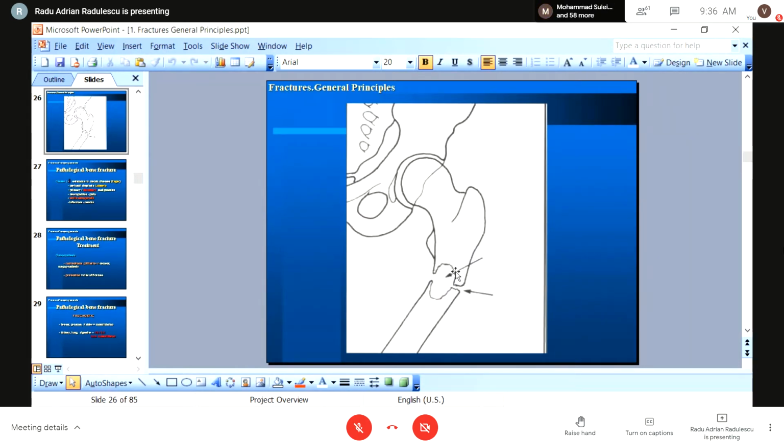The metaphysis of this femur, we have a tumor. So the bone substance was replaced by a soft tissue, a tumor tissue, which of course progressively diminished the resistance of the bone. So this one is called a pathological fracture because it happens on an abnormal bone.